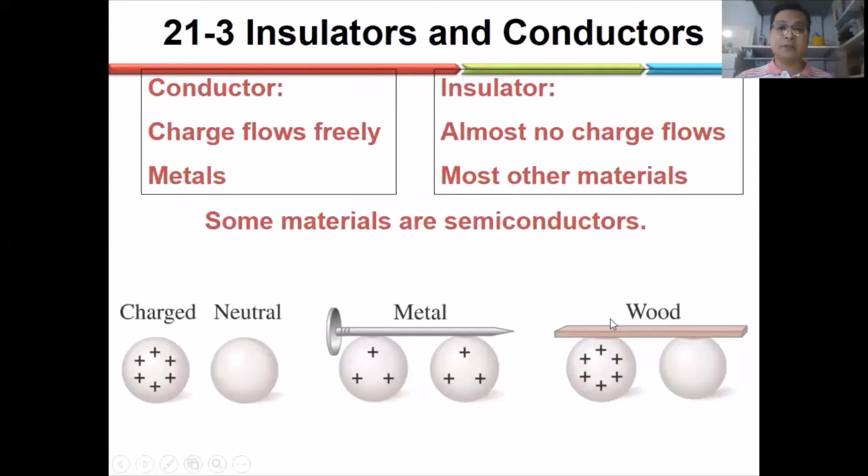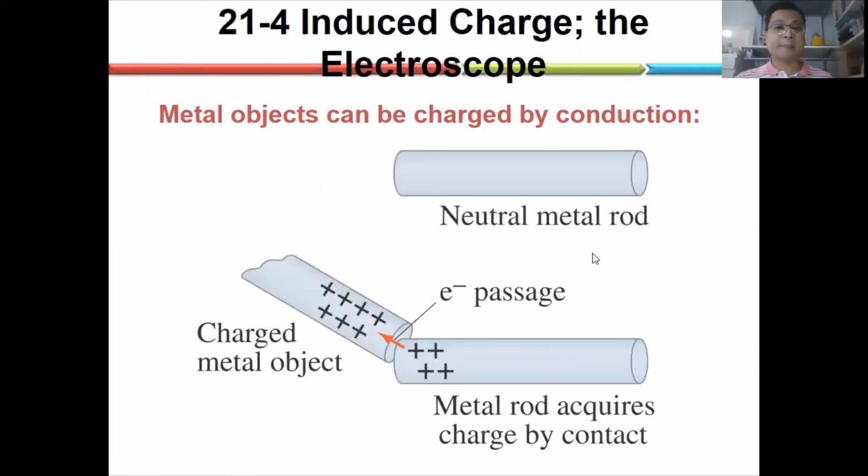For example, wood is considered an insulator. Plastic is also considered an insulator.